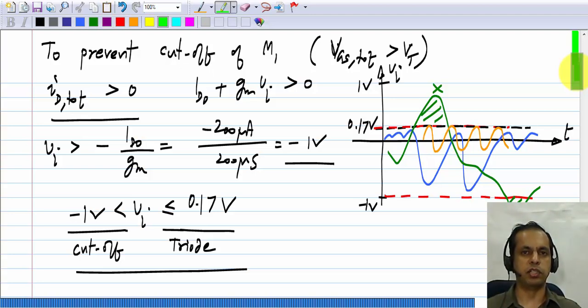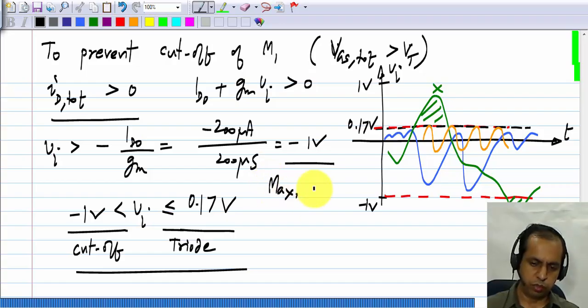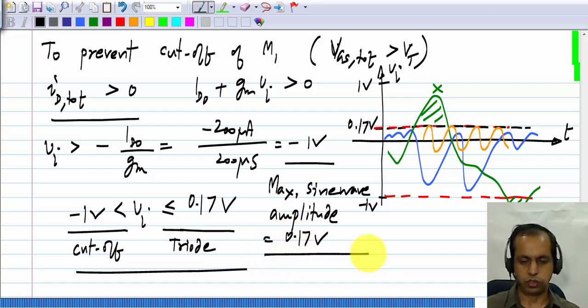So we have to choose the correct biasing technique, the convenient biasing circuit, as well as the correct quiescent parameters to get the optimum swing limit. So let me also write down that the maximum sine wave that can be fed in has an amplitude of 0.17 volts.